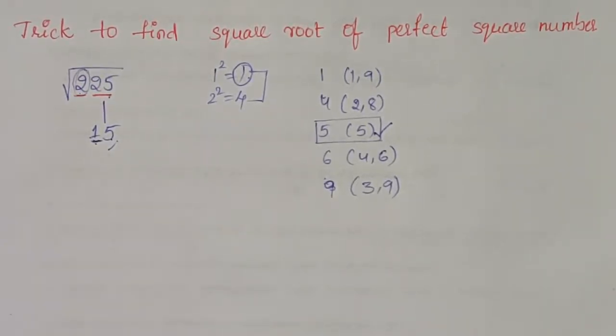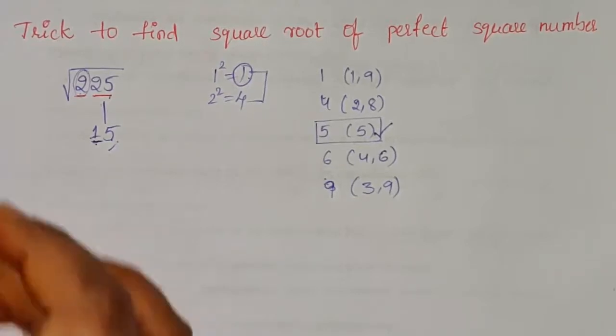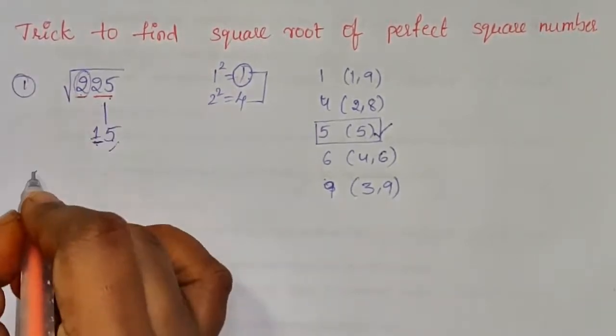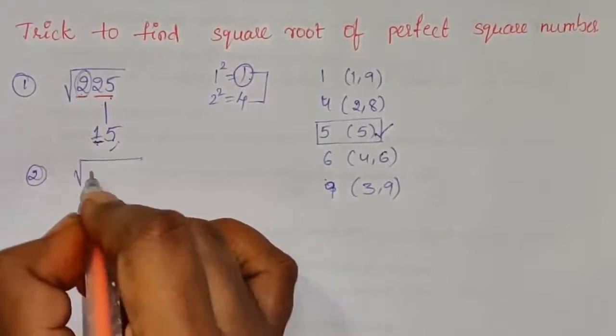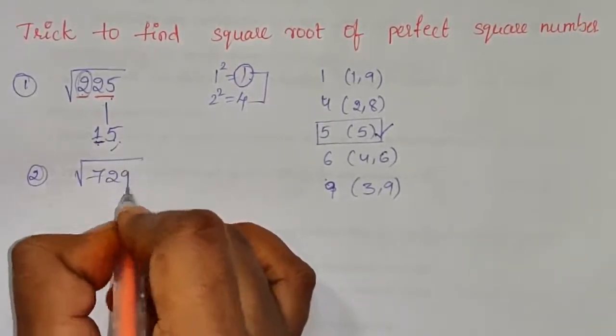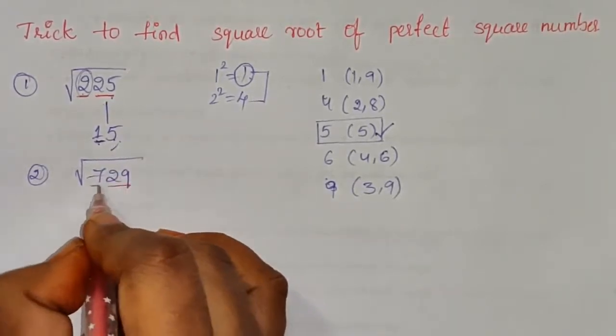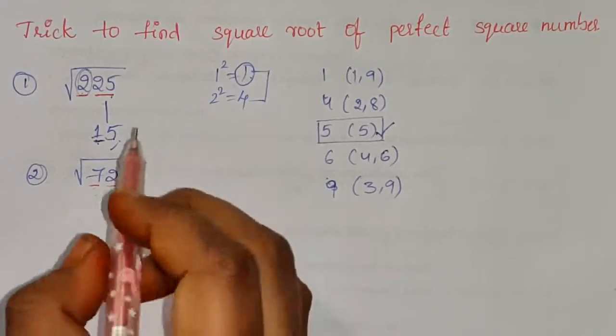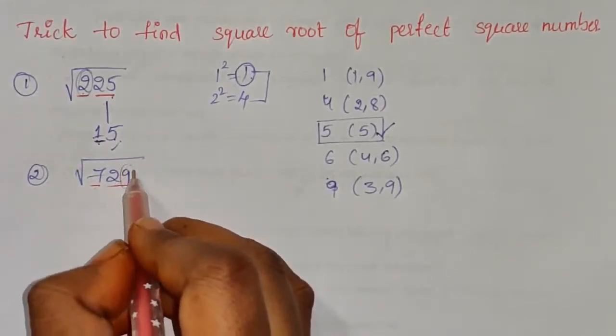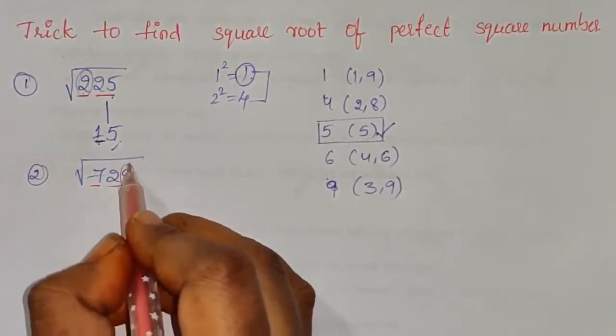To give you clarity, I am going to take another example. This is the first one. If you take under root of 729, to find the square root of this one, again I am taking the pairs 29 and 7. So the ones place of the number is 9.